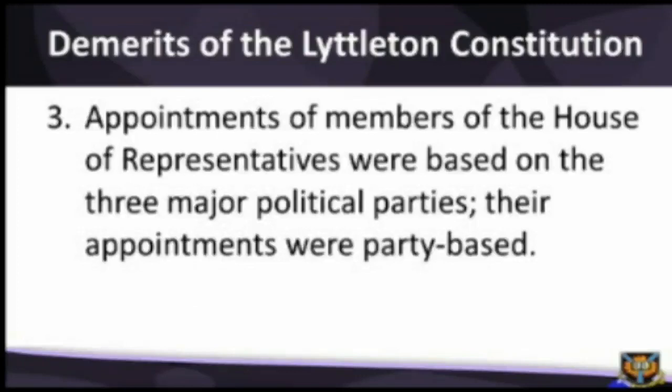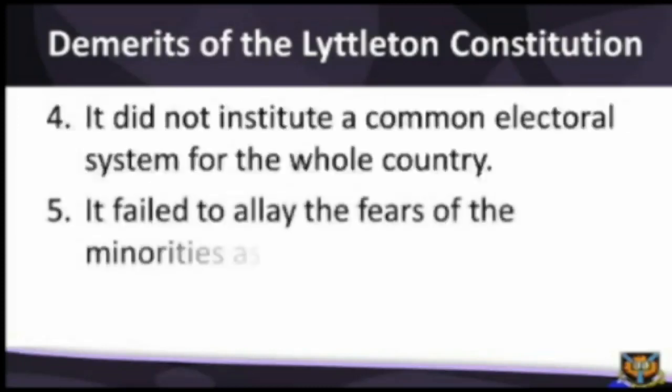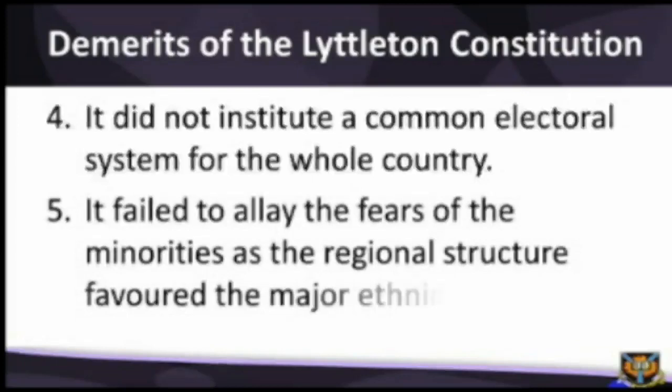The appointment of members of the House of Representatives was based on the three major political parties. Their appointments were party-based. This was bad because the loyalty of the ministers resided in their regions, as it was under the Macpherson Constitution. The Constitution also did not institute a common electoral system for the whole country.